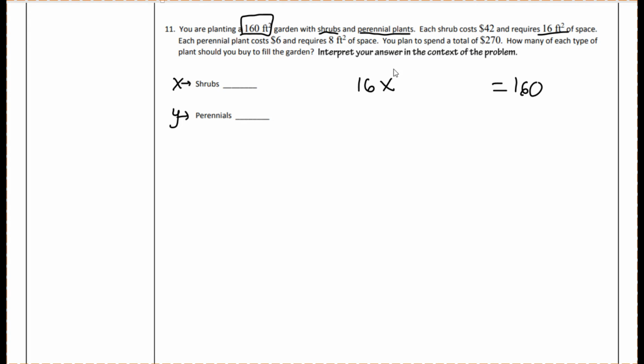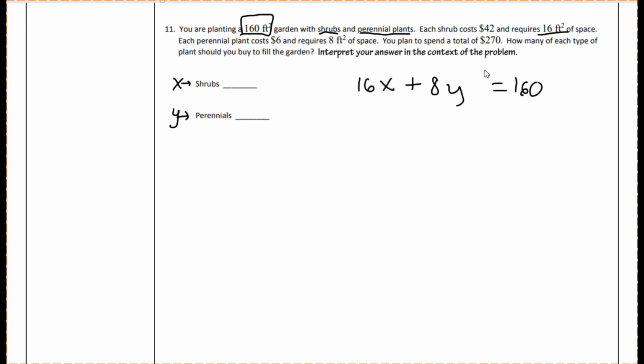So 16 times the number of shrubs gives us the total amount of space that we're going to need for the shrubs. For instance, if I had one shrub, it would take 16 square feet of space. If I had two, it would be 32. And then I'm going to combine that with the space for the perennials, which require 8 per perennial. So 8 times Y. If I combine those, I get 160 square feet of space that I need.